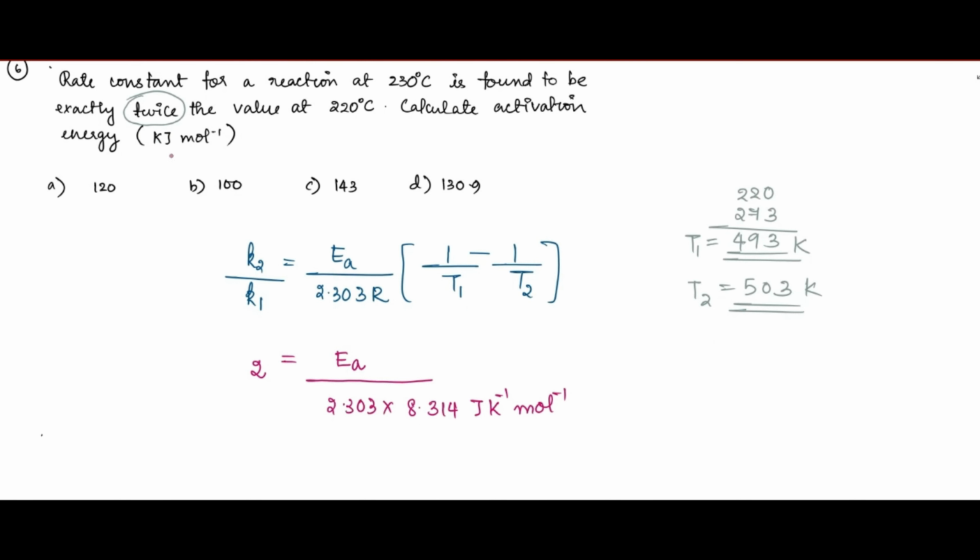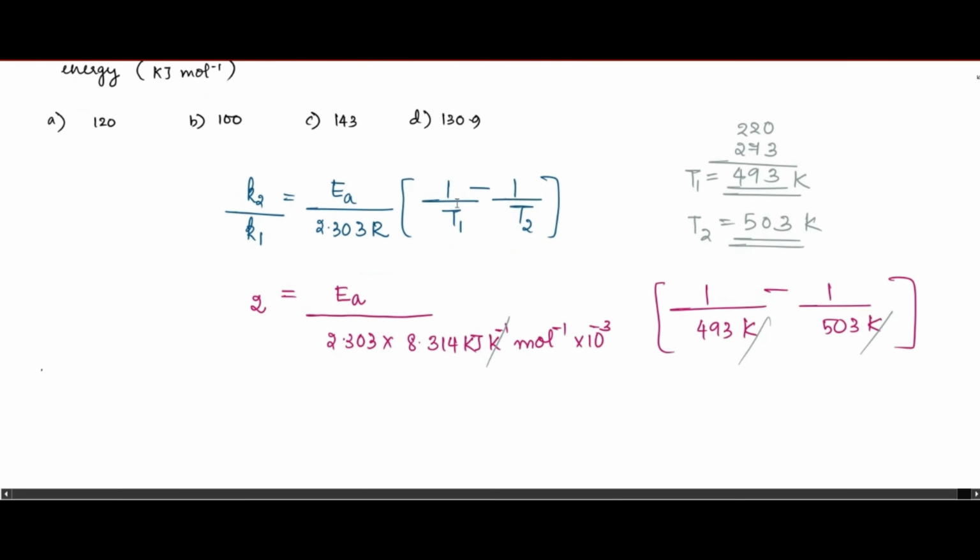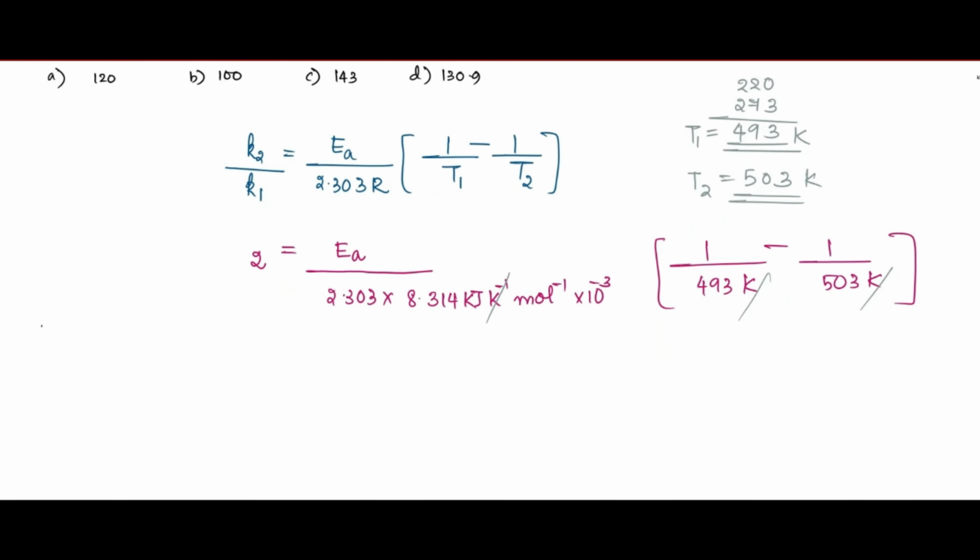Since the question asks in kilojoules, you can put 10 to the power minus 3 here so that it becomes kilojoules. It's up to you. Into what is the temperature? T1 is 493 Kelvin and T2 is 503 Kelvin. Keep the units so that you won't make mistakes. Per Kelvin gets cancelled.